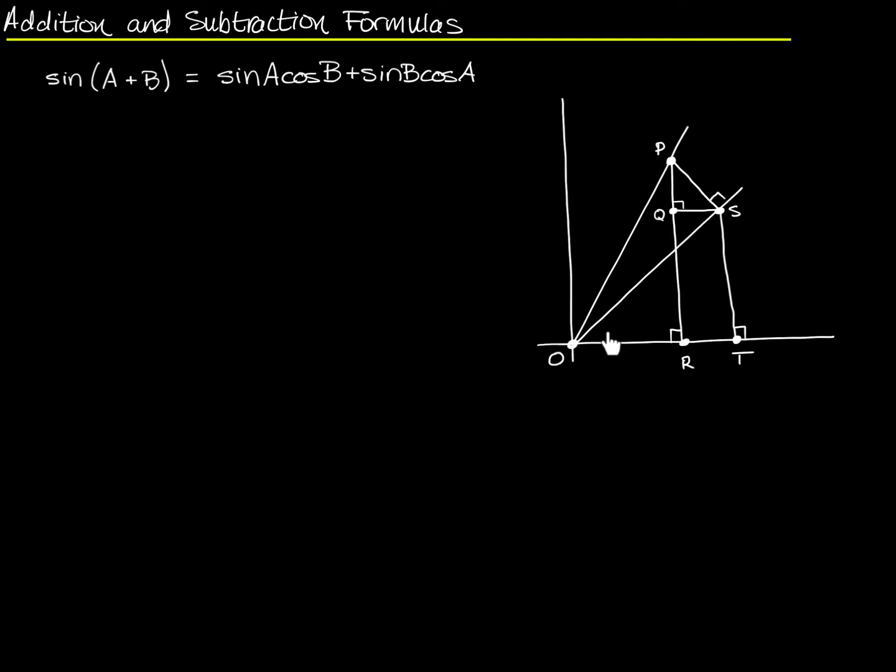I'm also going to label my angles A and B. I'll call this one A and this one B. And with that, I can start talking about the left-hand side of my equality here. I'm given that the left-hand side is equal to the sine of A plus B.